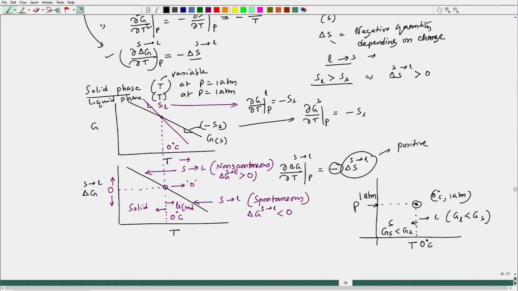That is what we have seen. This is G liquid, the free energy of liquid. And remember, this is all molar free energy; we are talking about 1 mole of liquid and solid, both cases we are taking 1 mole. Okay.